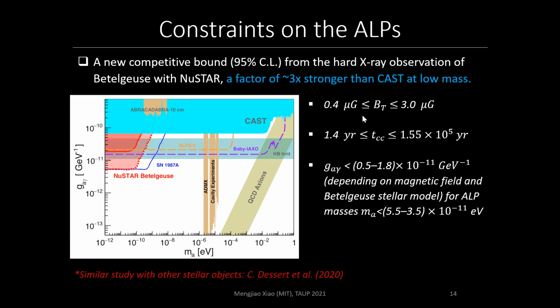As listed here, we use the conservative B_T and modeled the Betelgeuse evolution over a very large time scale. So with the hard X-ray observation of Betelgeuse, we set a new competitive bound on the axion photon coupling in the low mass region, which is around 3 times stronger than the CAST experiment.